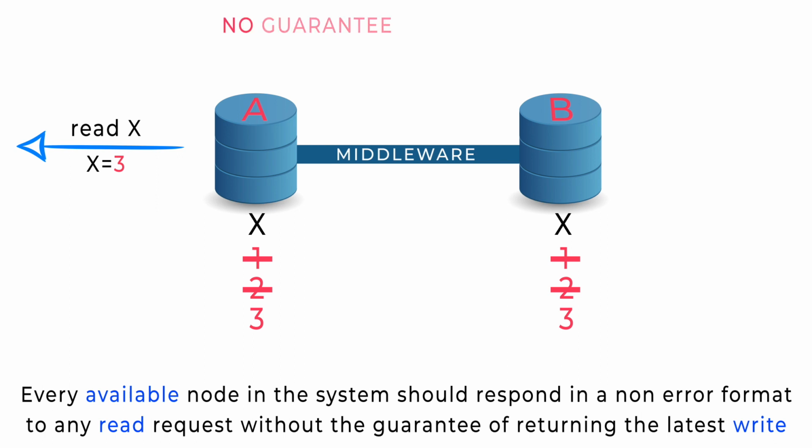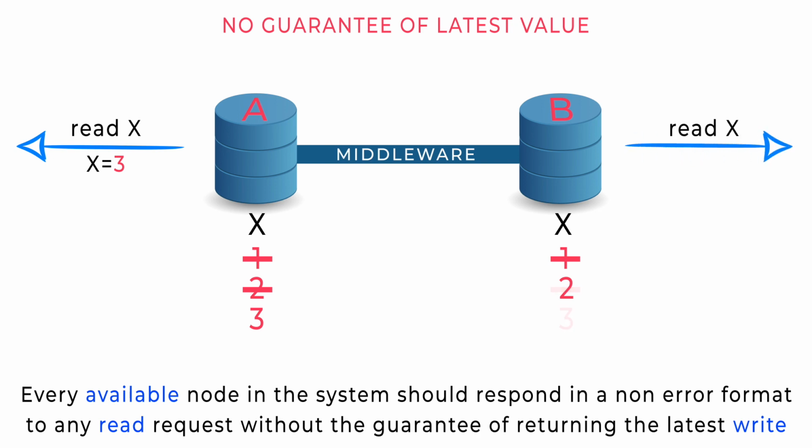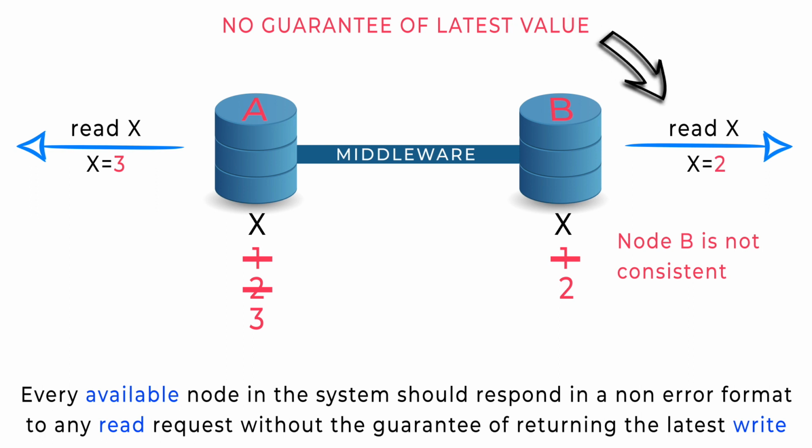However, it will not guarantee that it will be the latest write or the latest value of that particular x. Same thing applies to B also: it will respond, it will not error, it will respond to the read request, but it cannot guarantee if the value that it is responding with is the latest updated value or not.